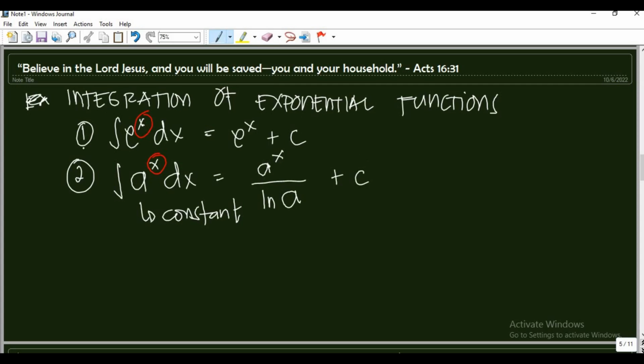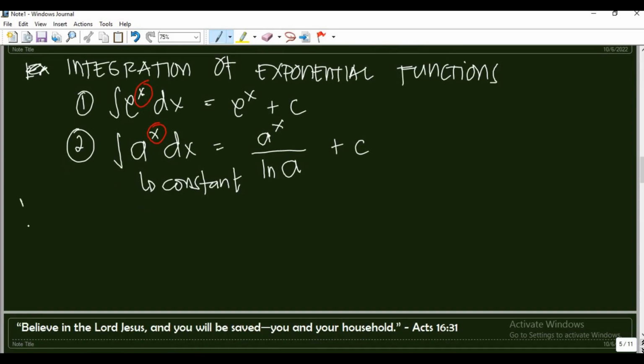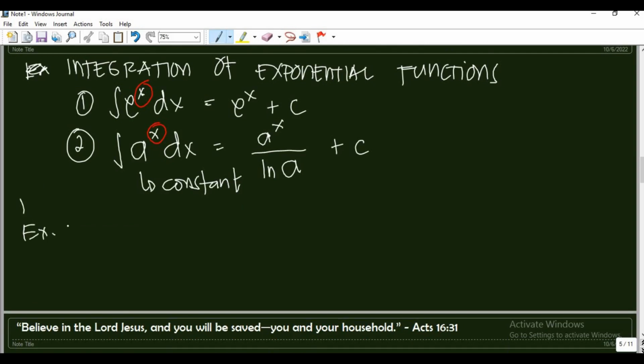So, these are the two rules involving the integration of exponential functions. Let's have an example applying these formulas. Let's say I want to get the integral of 5e raised to x dx.